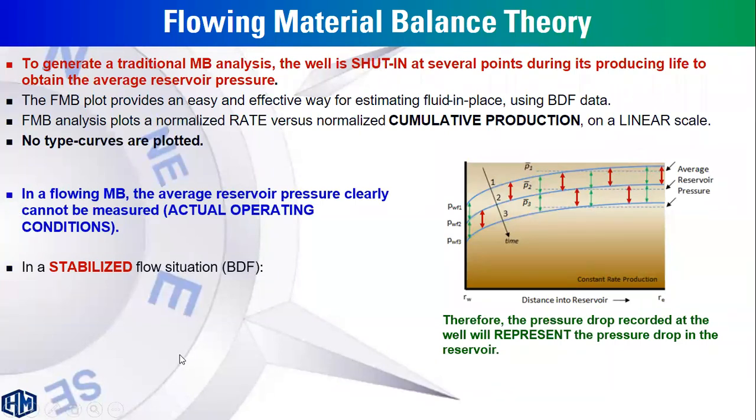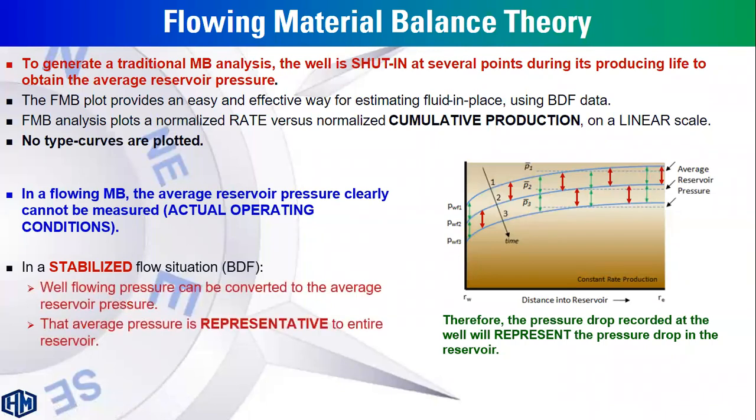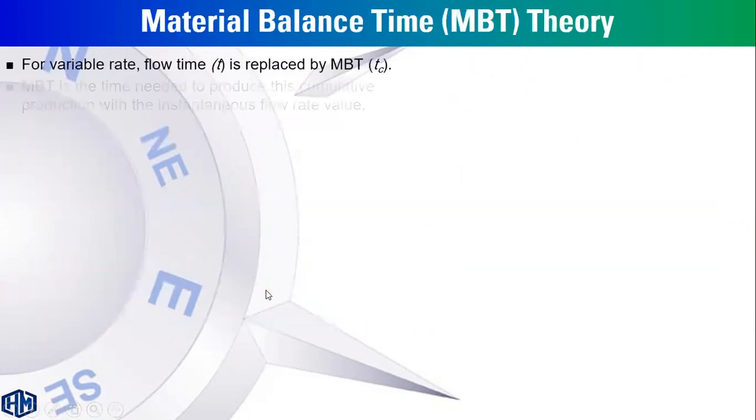During the stabilized flowing condition or boundary dominated flow, we can predict the average reservoir pressure using bottom hole flowing pressure, and we can also use the actual production data to predict the fluid initially in place.